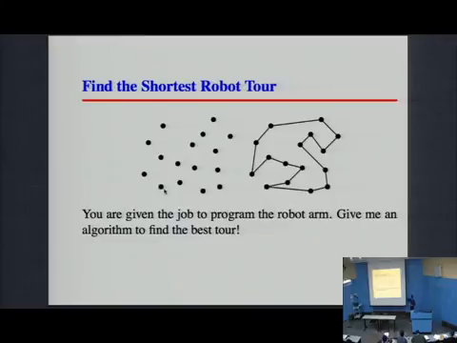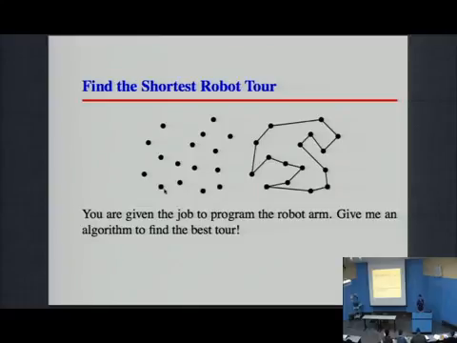So if you want to program one of these devices to do the soldering, you have to take as input the arrangement of pins on the back of the board, and design an order to visit all those pins, one at a time, so that you get back eventually to the original spot, visited all the pins, and the cost of doing this is minimized, meaning the total distance that the robot arm traveled is minimized.